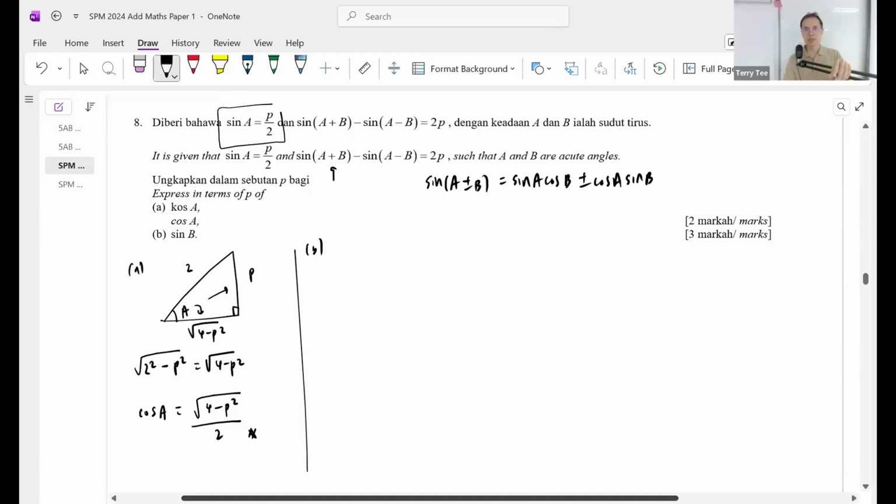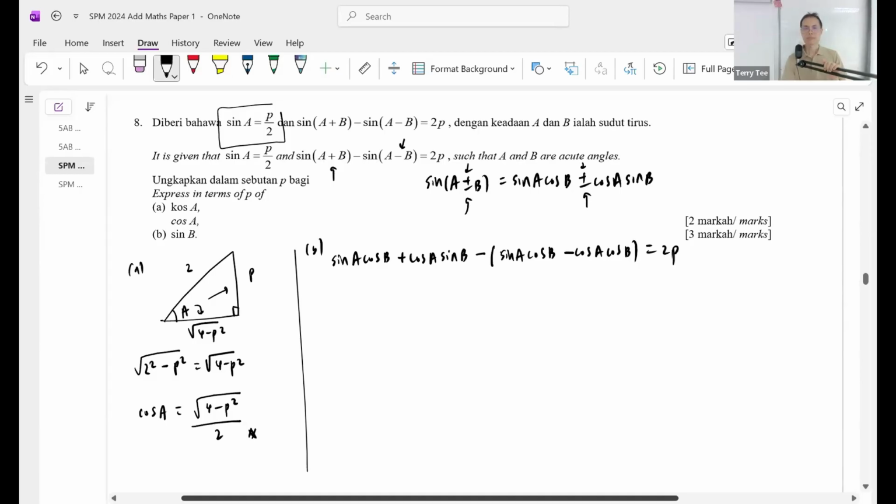Sine A cos B plus cos A sine B, minus, put a bracket. This time, the second one is a minus. For sine, if this is plus, your expansion is plus. If it is minus, your expansion is also minus.